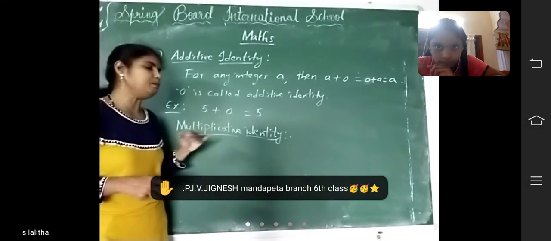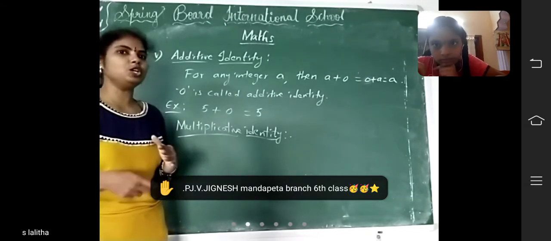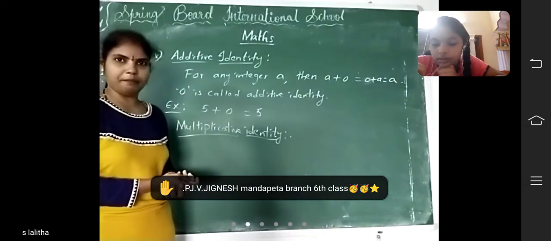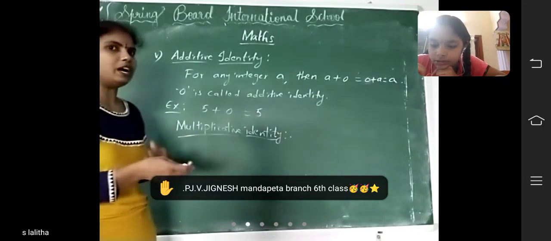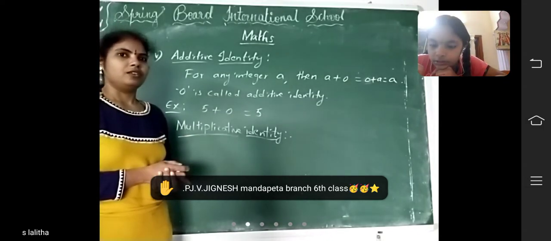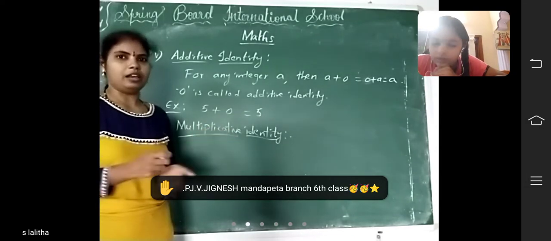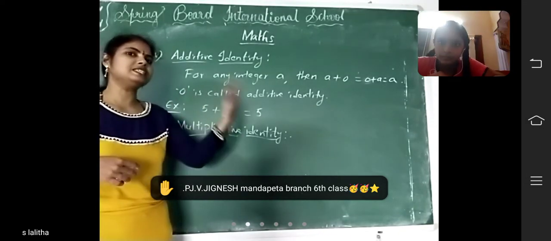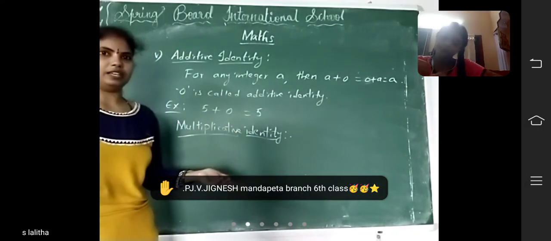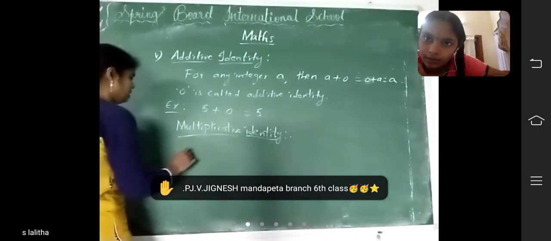But multiplicative identity means which number you should multiply that whole number by to get the same whole number as the answer. If you take any whole number, say 6, which number should you multiply 6 by to get the same answer? 1 only. So 1 is a multiplicative identity.